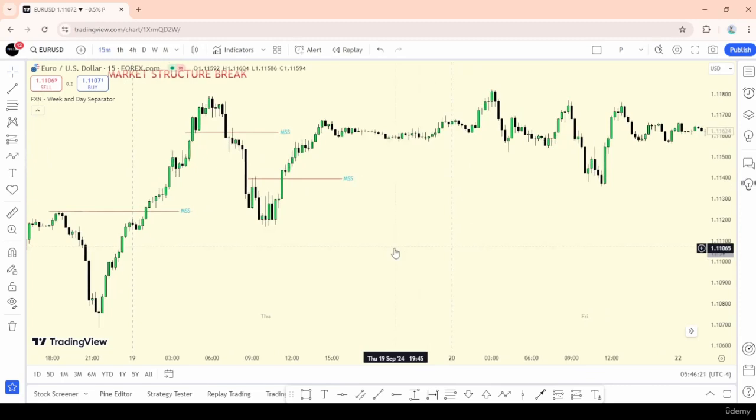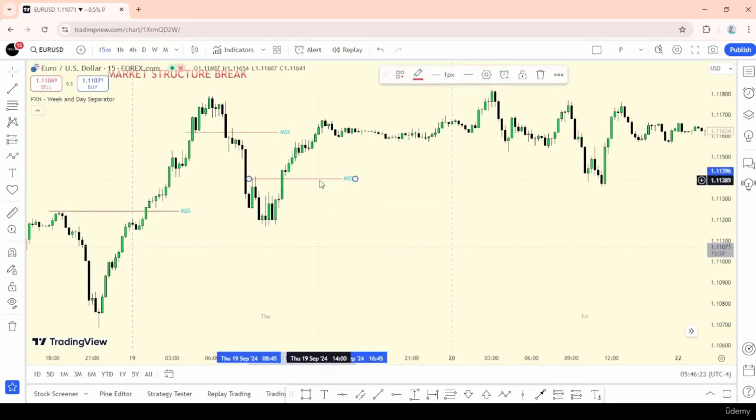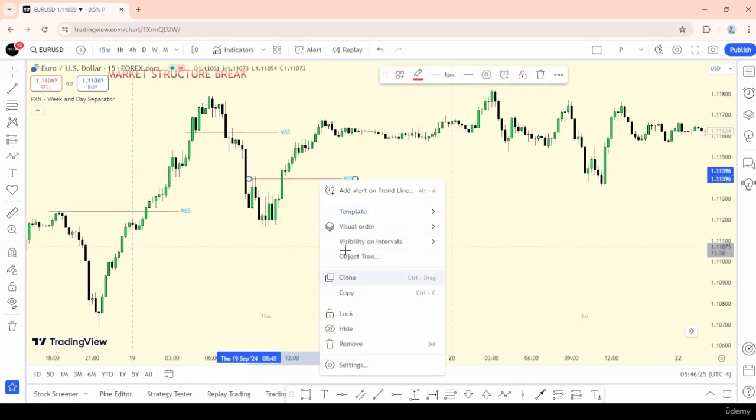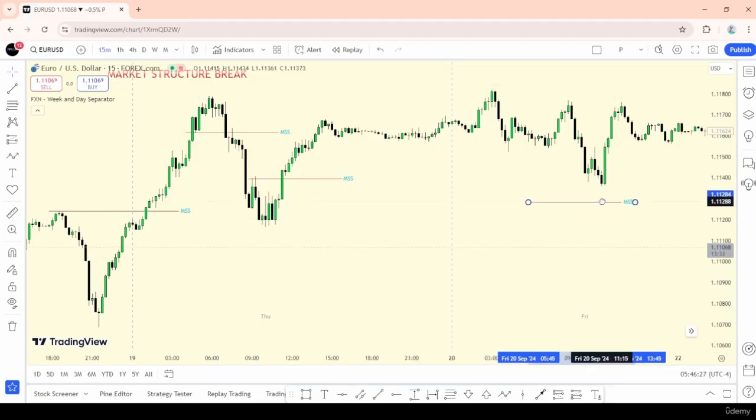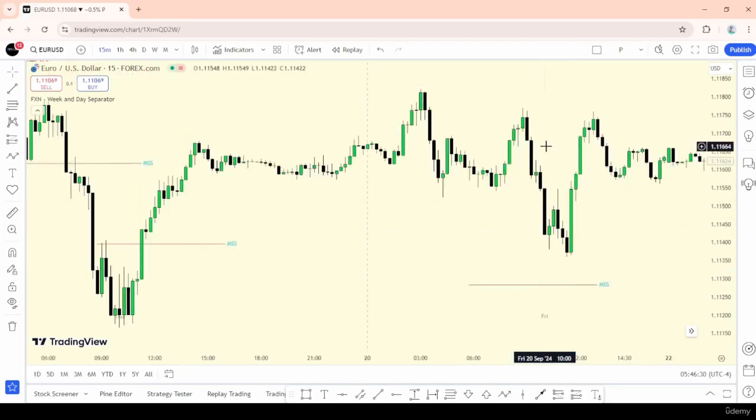So let's look at different bullish examples also. We can see the next bullish example is here. Price was moving lower and it created a swing low.